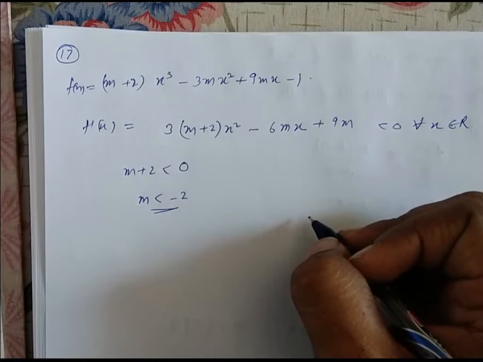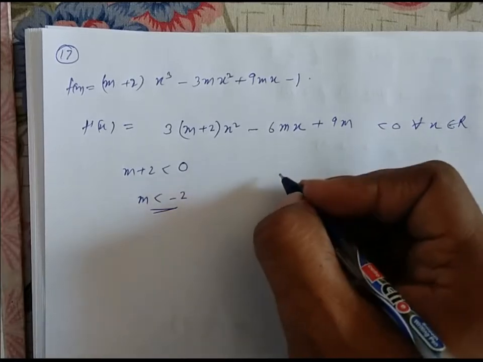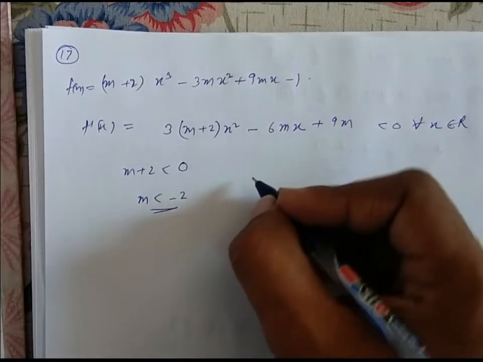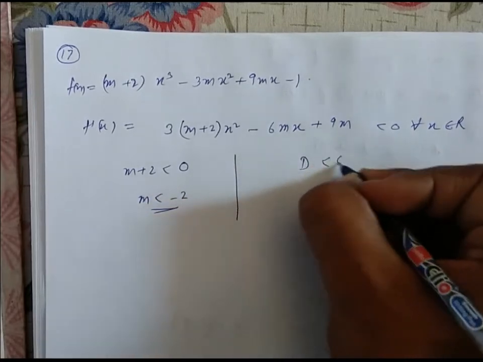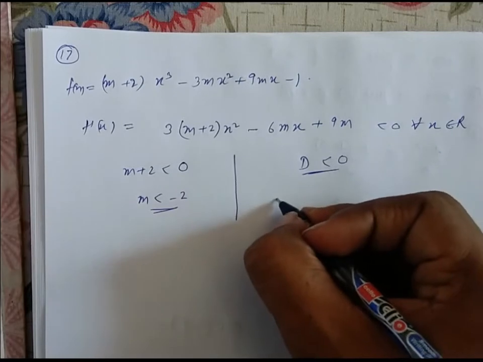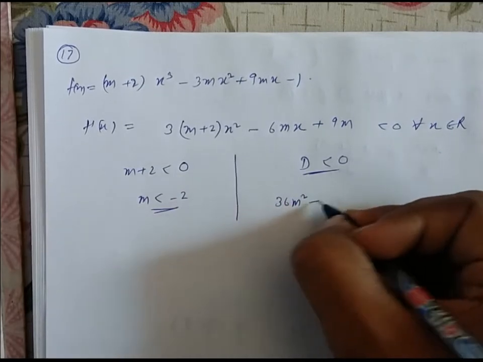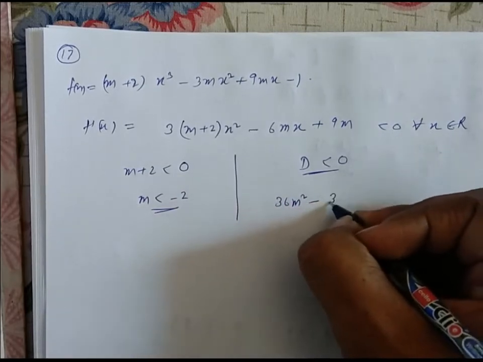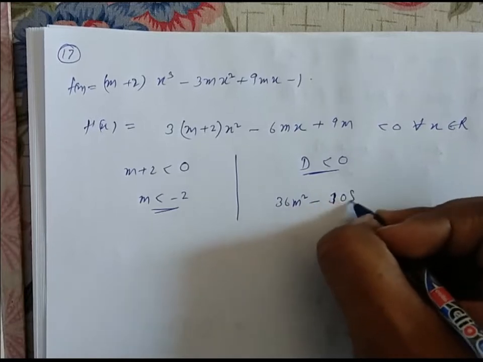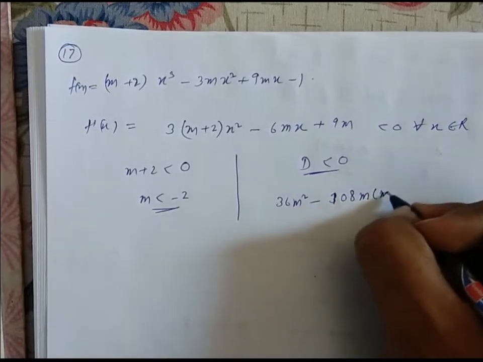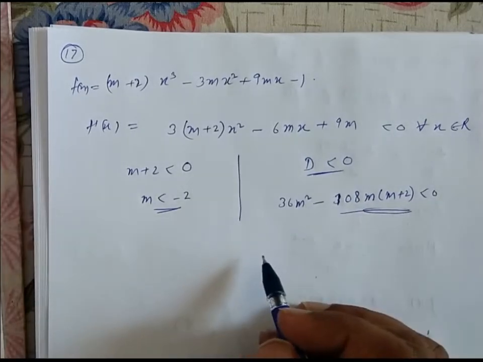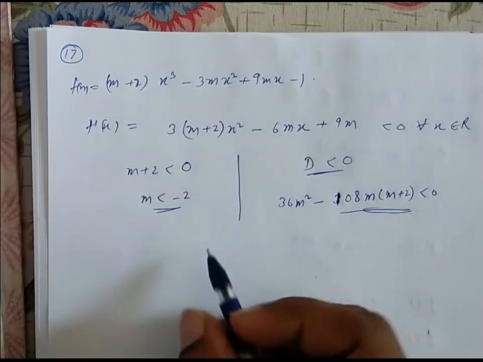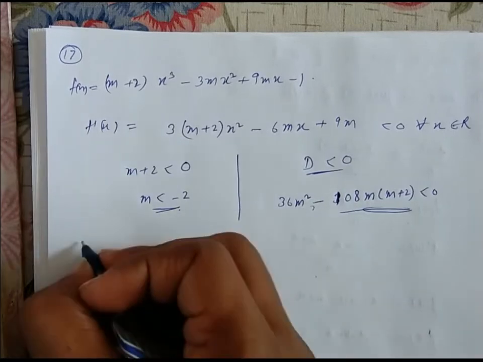Okay, and D for this has to be less than 0. So 36m square minus 108m(m plus 2) has to be less than 0. So for the final answer we would need to take the intersection of these two sets.